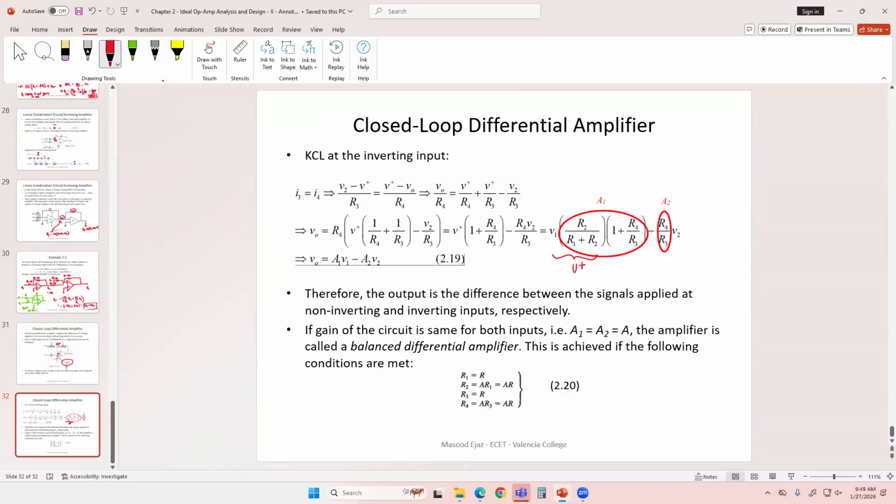And of course, R4 over R3 can be the other gain, A2. So this is going to give you A1 times V1 minus A2 times V2.